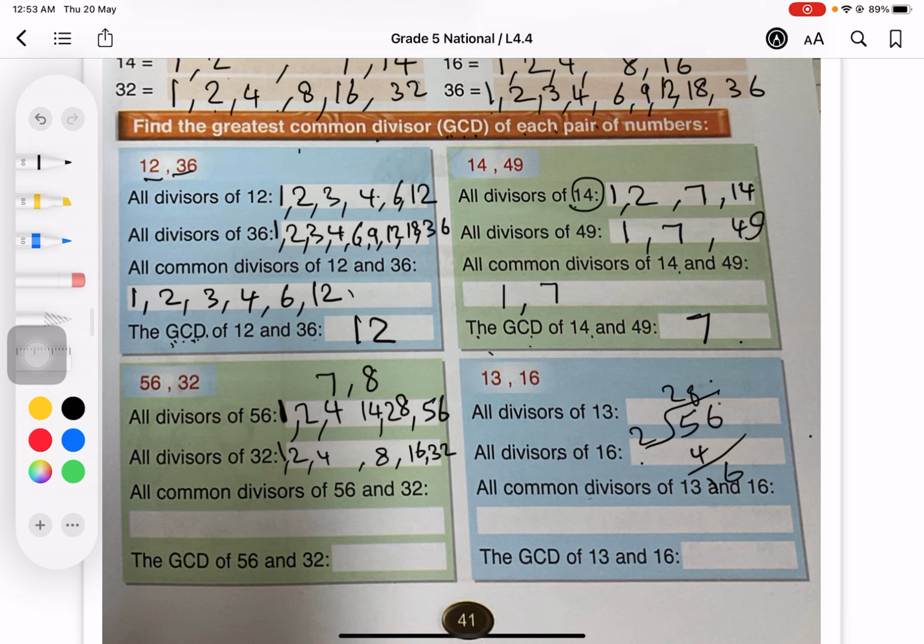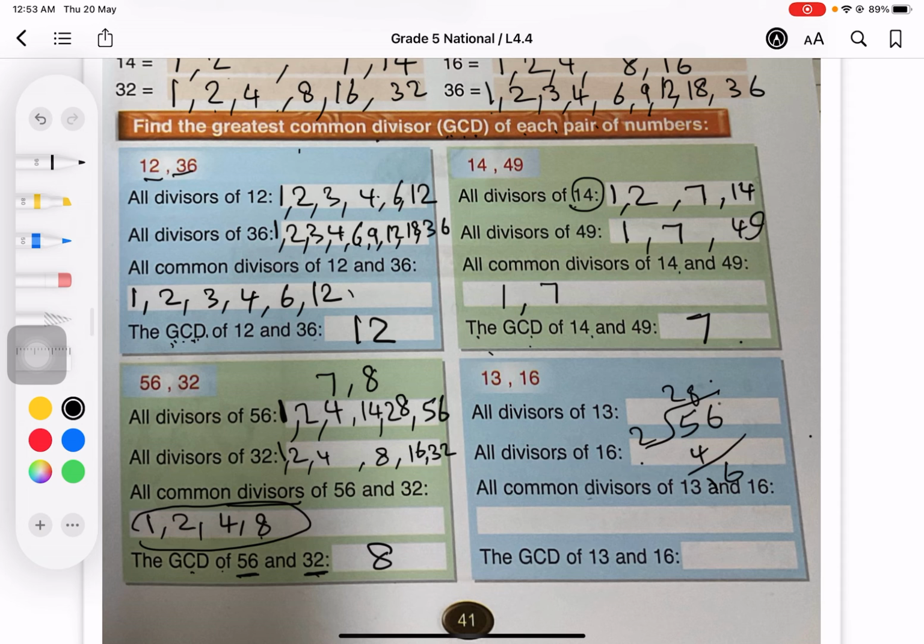Now what is the common between them? 1 is the common divisor, 2, 4, 8. So the divisors of 56 and 32, the common between them are 1, 2, 4, 8. What is the greatest common divisor of 56 and 32? It's 8. After finding this, you should choose the biggest number, the greatest one.